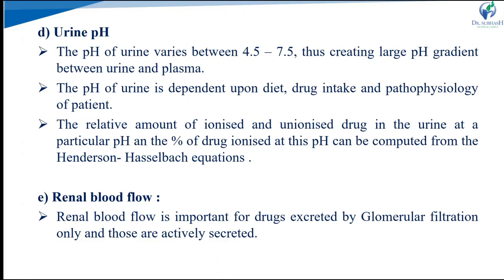The pH of urine depends upon diet, the drug and the pathophysiological condition of the patient. The relative amount of ionized and unionized drug directly depends on the pH, so the percentage of drug ionized or unionized also affects excretion. Urine pH therefore affects the excretion rate.